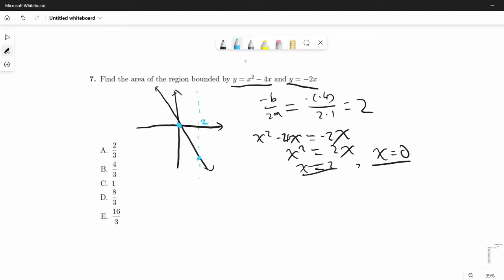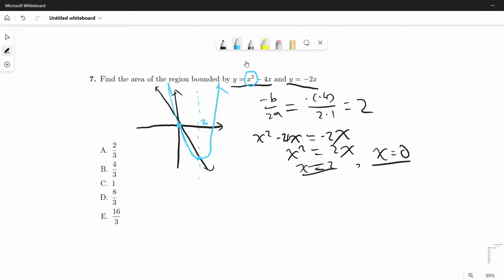Since this parabola has a positive first coefficient, the opening is upwards. So generally, the shape will be something like this. Before the line, it's steeper, and after, it gradually hits the trough here and goes back up.